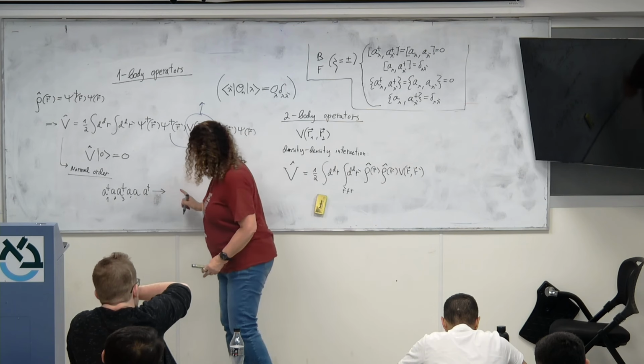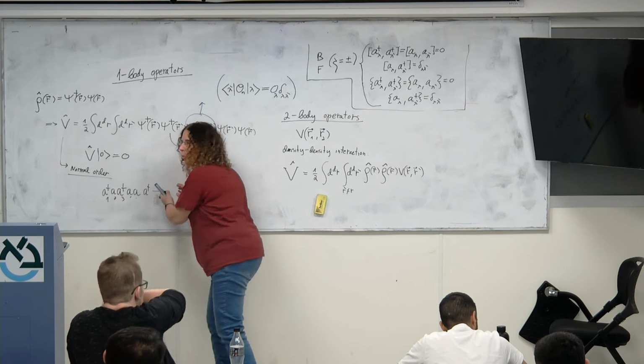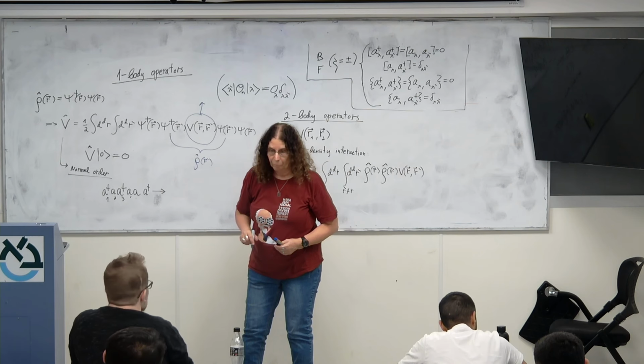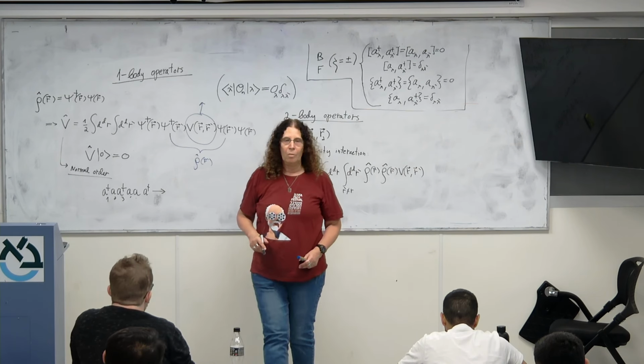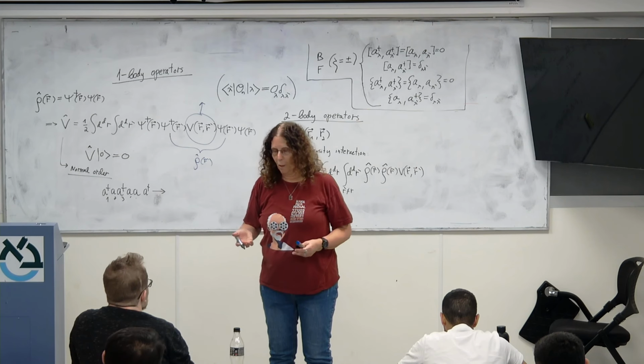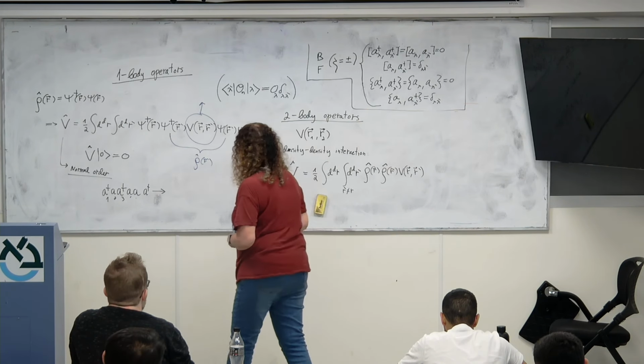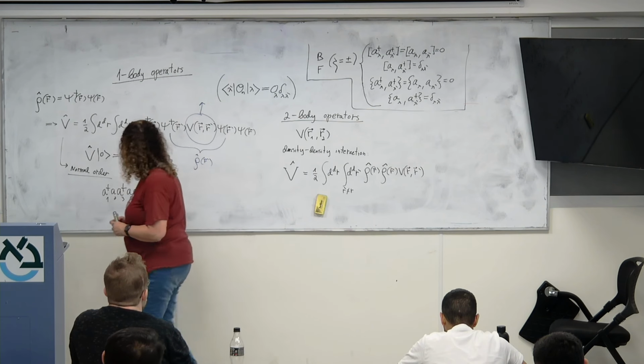The normal order is to take all the annihilation operators and shift them to the right. Because of that, it will give you 0 when applied on the vacuum, and therefore it will have a 0 vacuum expectation value.